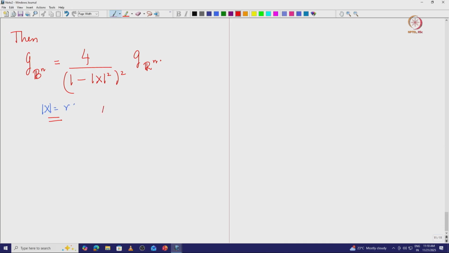So this is just 4 by (1 minus r squared) whole squared dr squared, because the Euclidean metric itself we have seen is dr squared plus r squared times the metric on the round sphere. So this is going to be 4 by (1 minus r squared) whole squared, times dr squared plus r squared times the metric on the round sphere. Okay. Now my goal is to rewrite this in terms of the radial distance in the ball metric.